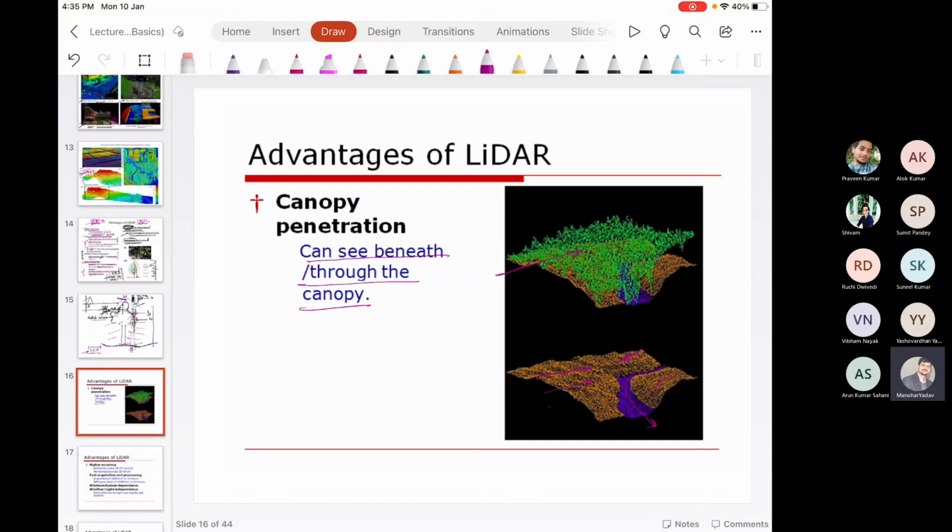So we are able to generate a digital elevation model in the forested area as well. Unlike photogrammetry or satellite imagery, we cannot generate an accurate DEM from a dense forested area. The reason is that we can't get the pixel information from the ground surfaces beneath the canopy.